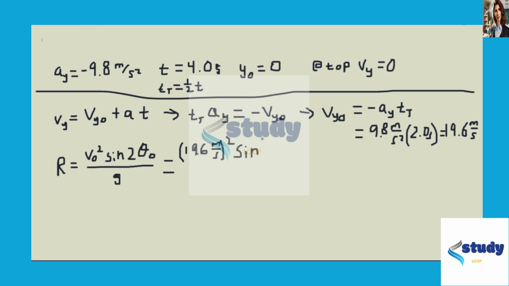So 2 times 45 is 90 degrees, so this is sine of 90 degrees, divided by 9.8 meters per second squared. Now, if you carry out this calculation, you find that the range is 39 meters.